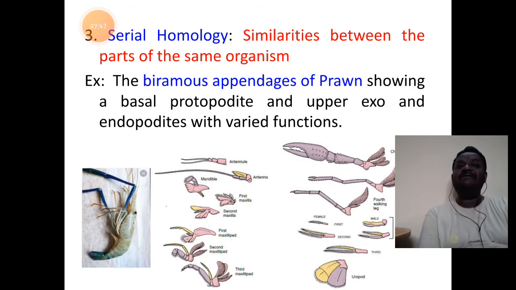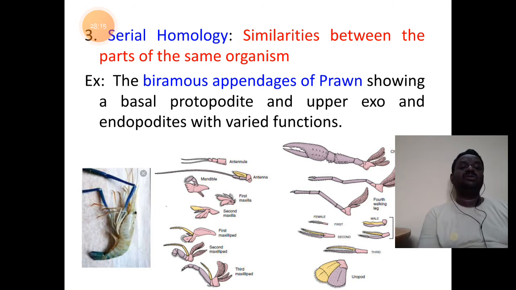Then the third type is serial homology. Here the similarities of different organs present in the same organism are seen. The example here is the biramous appendages of the prawn.